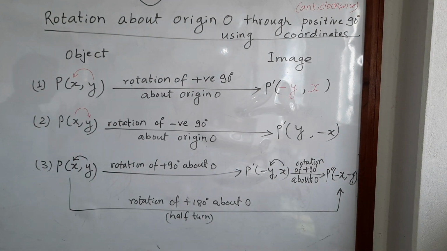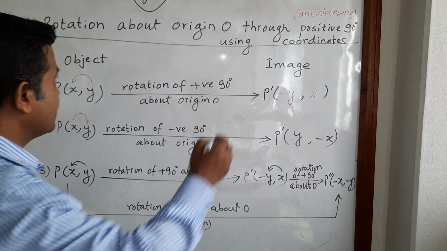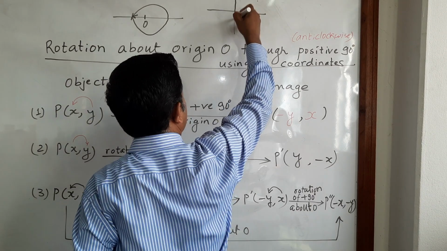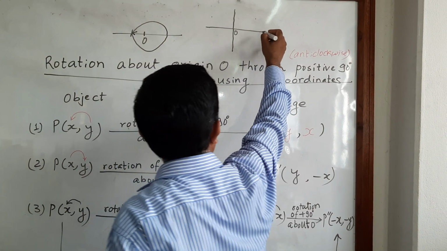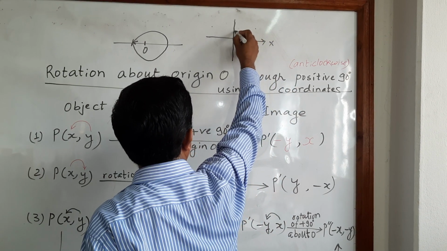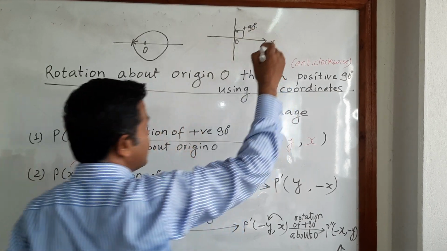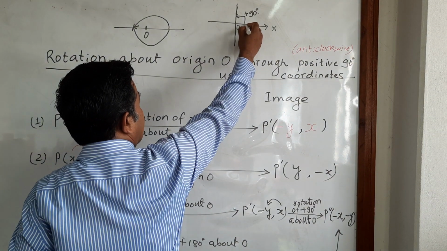And the next thing is that here is positive 90 degrees. So from here, if you rotate through an angle in the anti-clockwise direction, plus 90 is the same as minus 270.